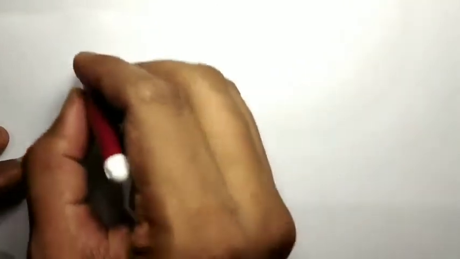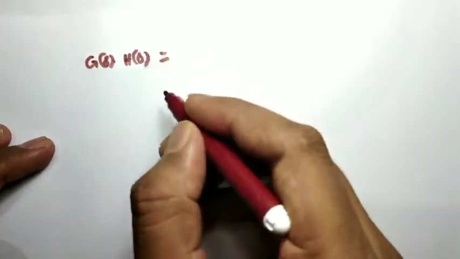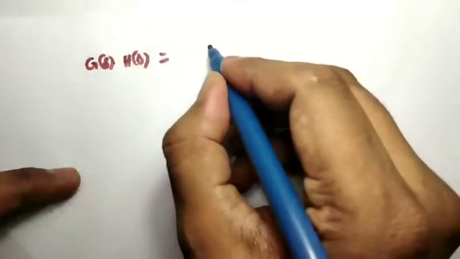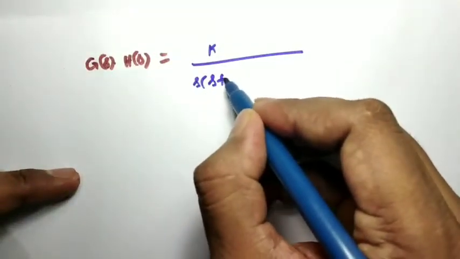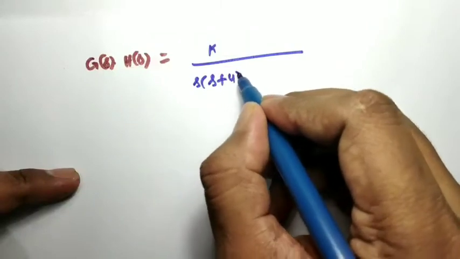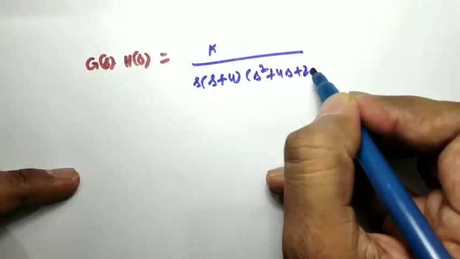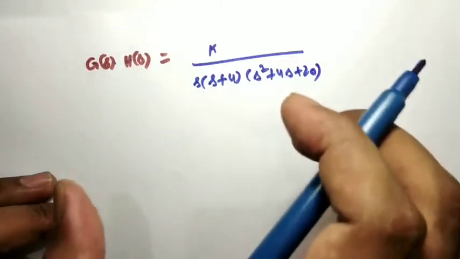That is g of s into h of s is equal to k by s into s plus 4 into s square plus 4s plus 20. We are going to find the breakaway points for this.